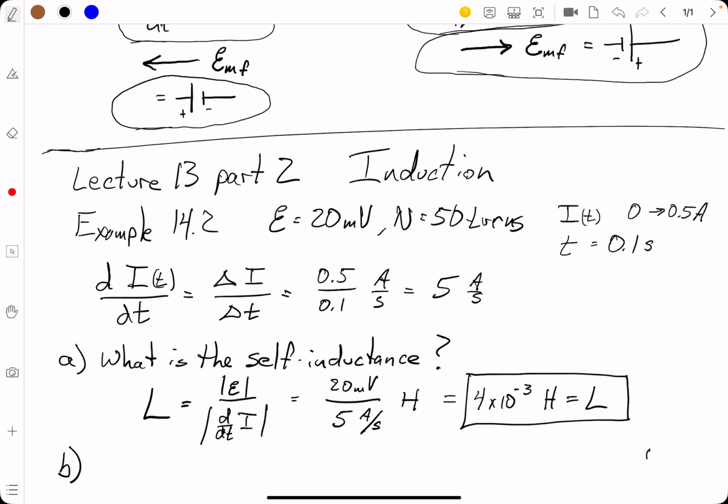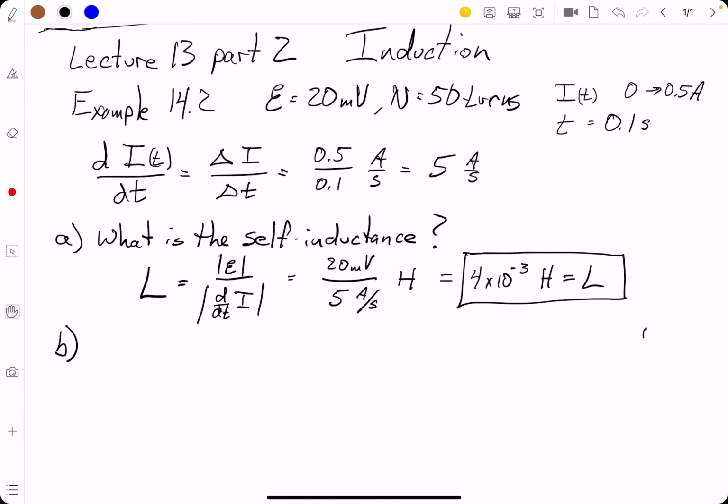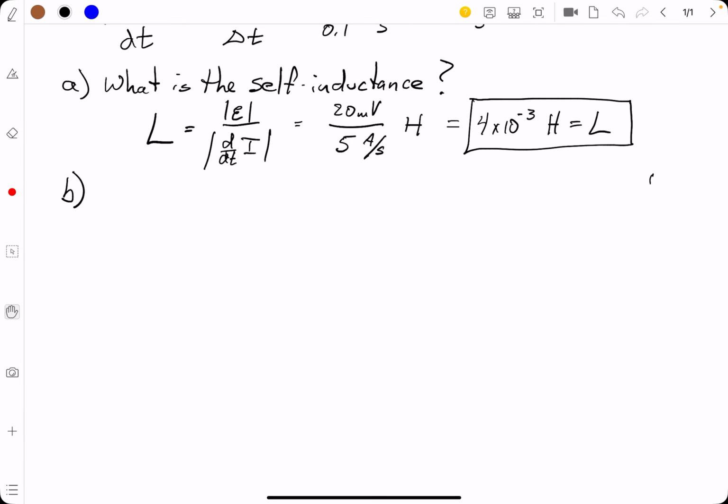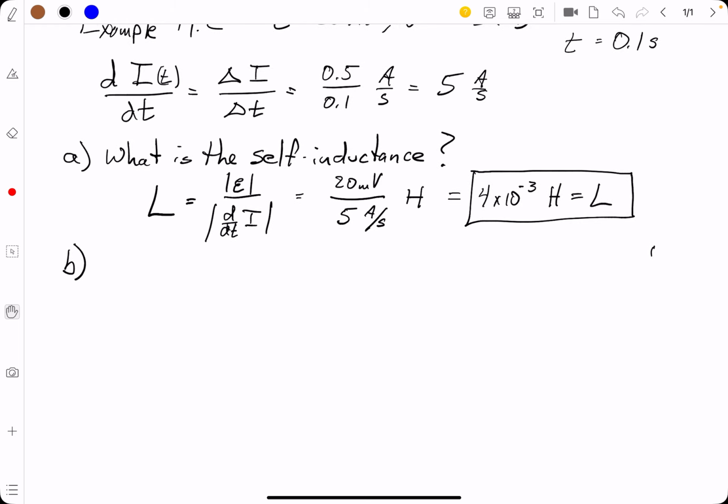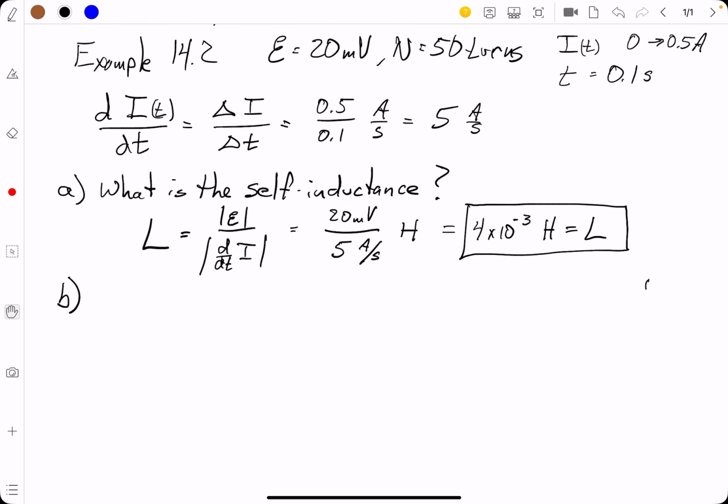Now, B, let's give ourselves a little more room here. That's too much room. There we go. With the current at 1 amp, what is the flux? Well, why did I say wet when I wanted to write when? Interesting. It's too early in the morning.